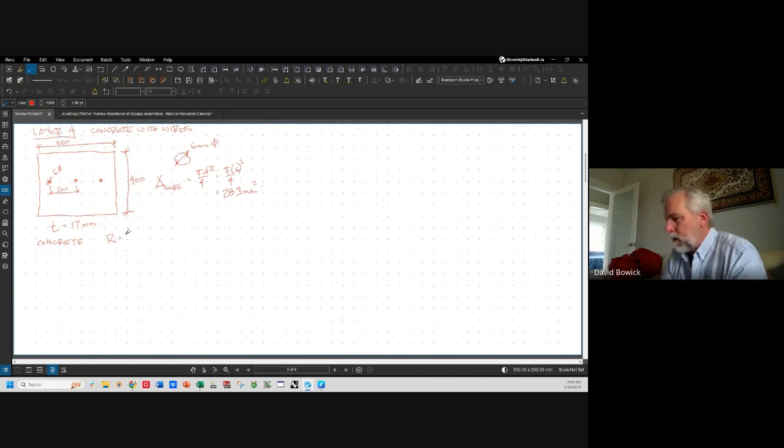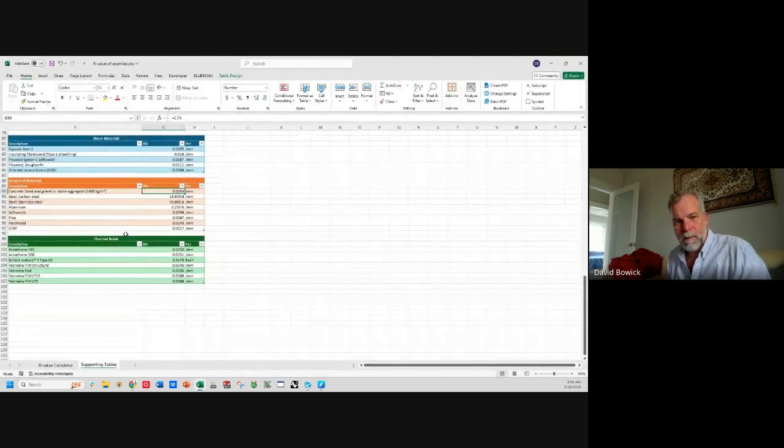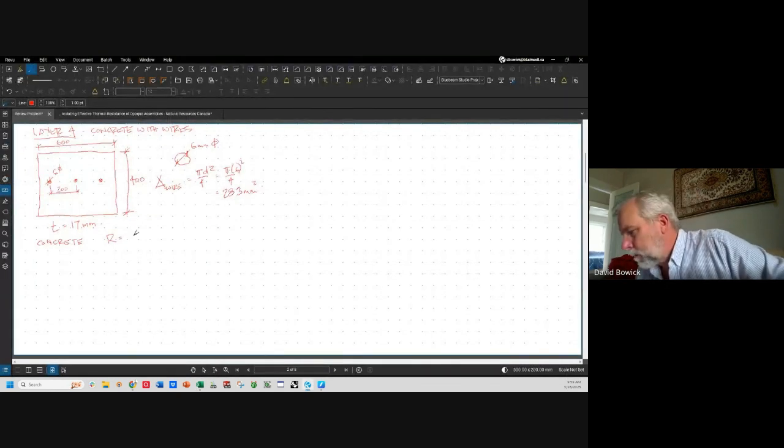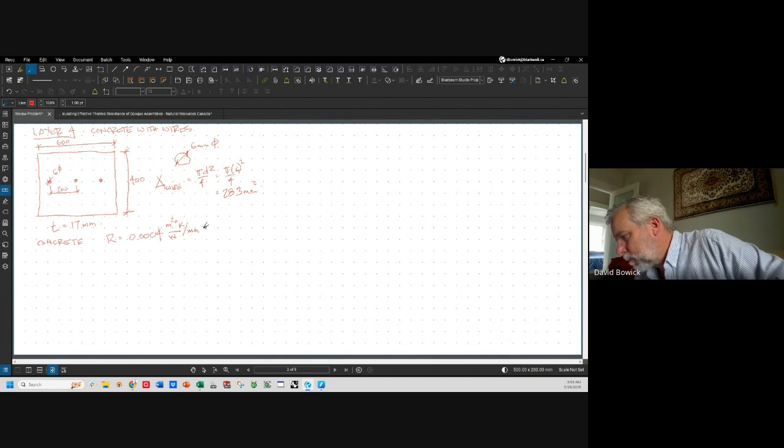R equals, we've got to look up our concrete again. So I'm going to flip back to here, and you can see that concrete is 0.0004 meters squared degree Kelvin per watt per millimeter, times how thick is this? 17 millimeters thick.